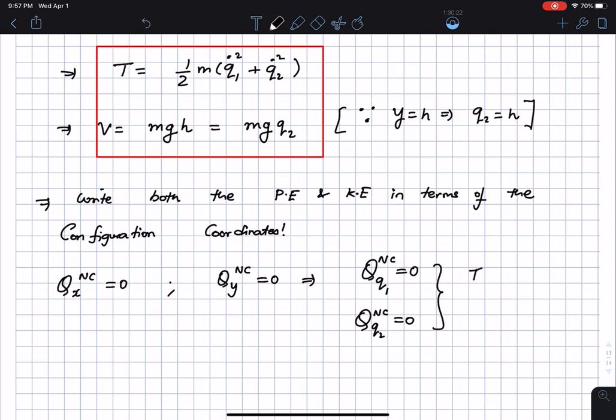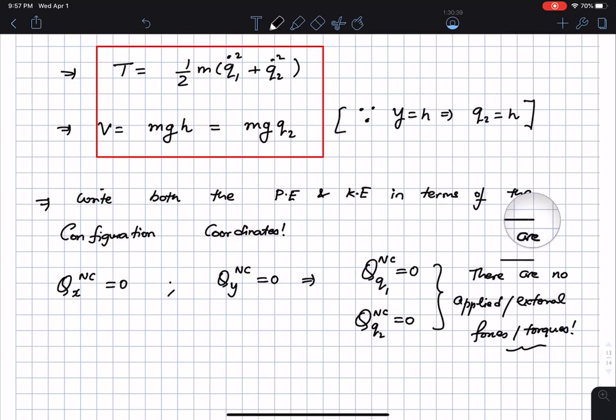There are no applied or external forces or torques. Okay, that's one thing that we can say.